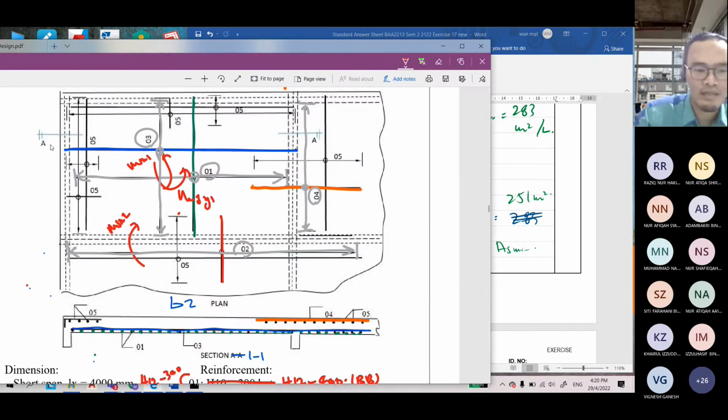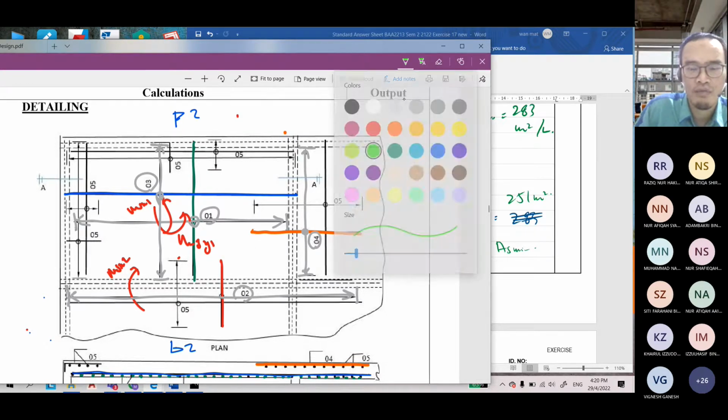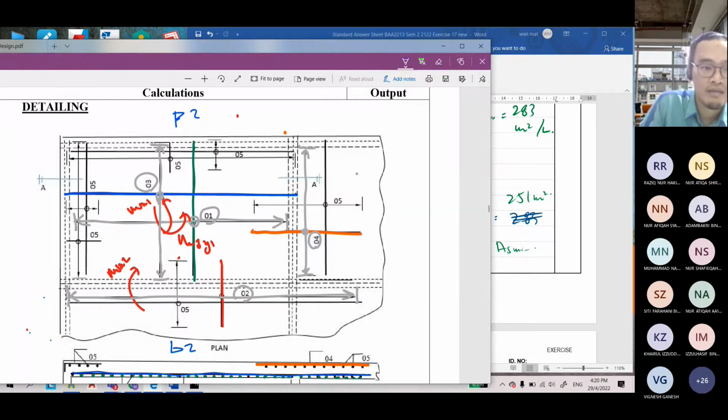So okay, here we provide at the support. Let's say here, at the bottom, near the support. Actually, we put it near the support. Use the violet one. Here, this one.